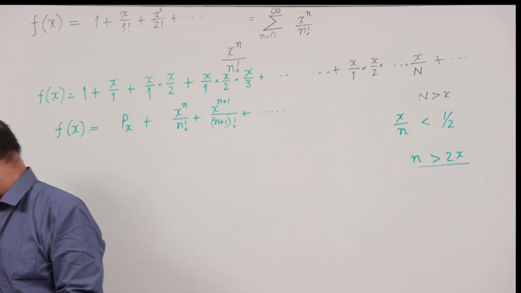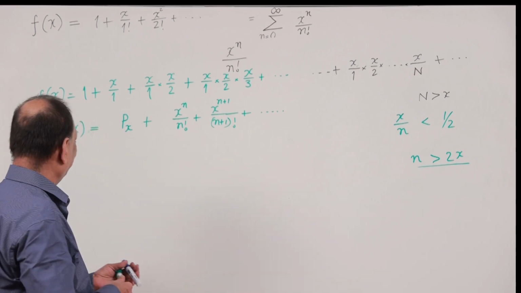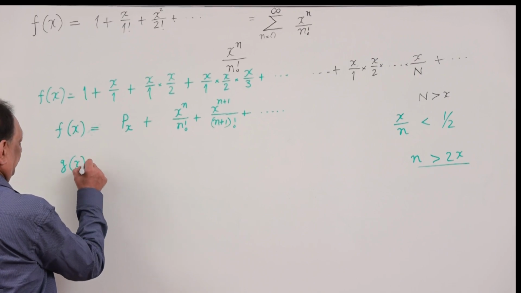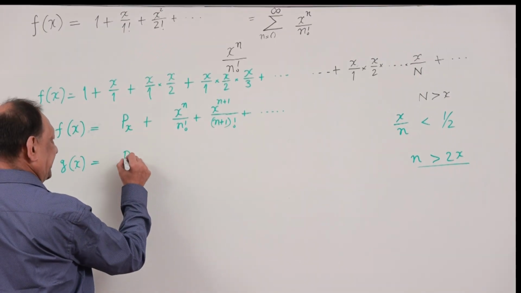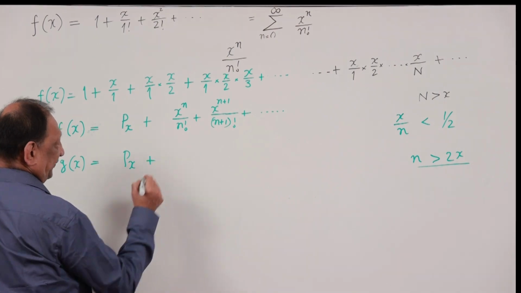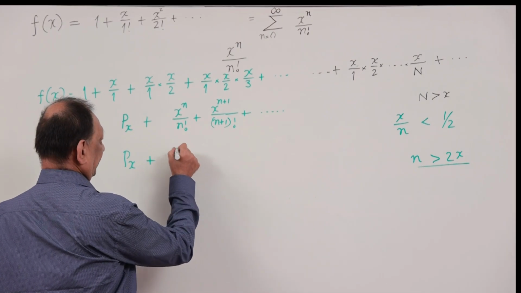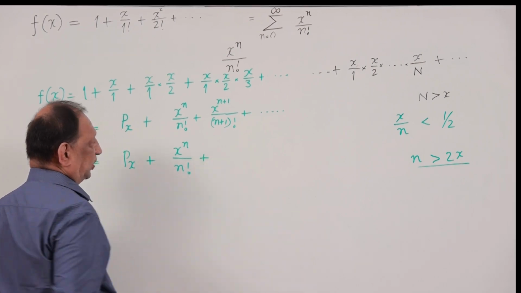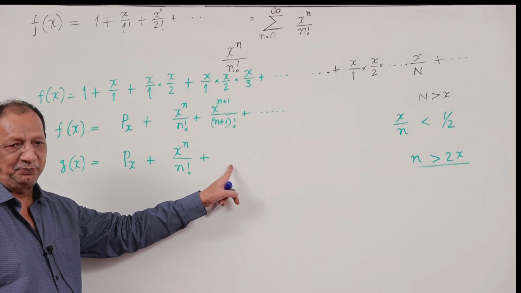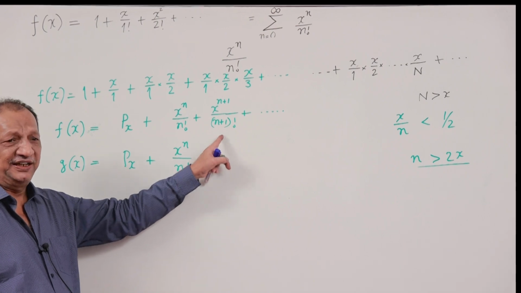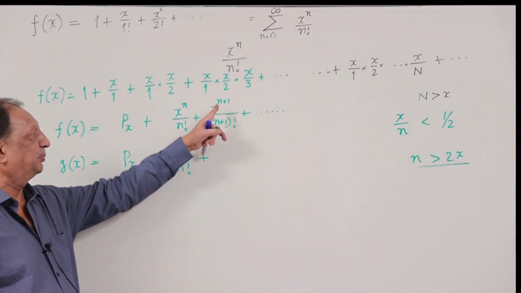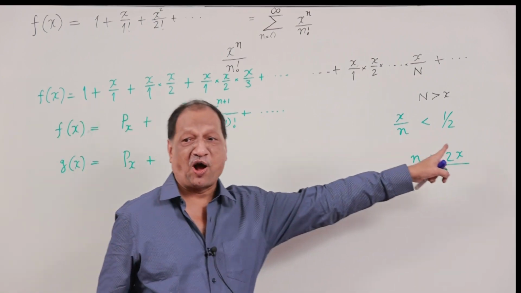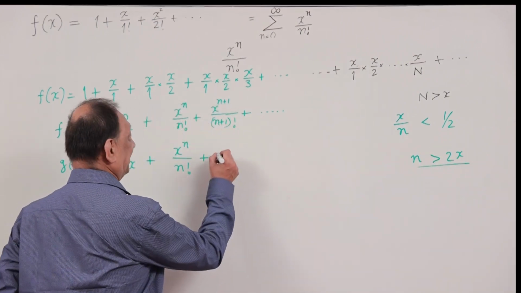Correct? So now we compare with another series. We can call it gx, which has the same old px, we don't change that, plus x power n by n factorial, plus, now we don't multiply this by x by n plus 1. We are supposed to multiply this by x by n plus 1 to get the x power n plus 1 by n plus 1 factorial. Now x by n plus 1 is less than half, right? But I will multiply by half only.